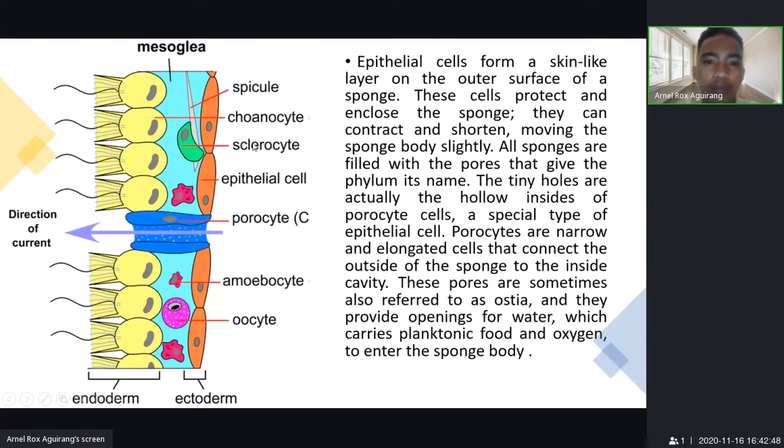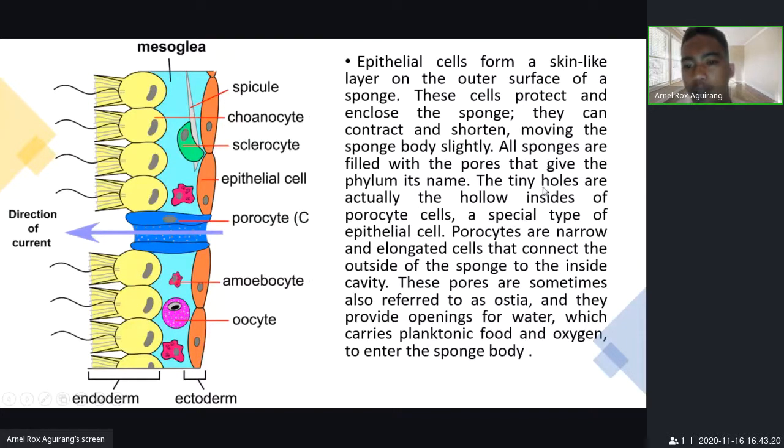It has some particular cells that bind them. So these cells protect and enclose the sponge. These epithelial cells are the brown portion, and the yellow portions are the flagella. All sponges are filled with pores that give the phylum its name, as we have said earlier.